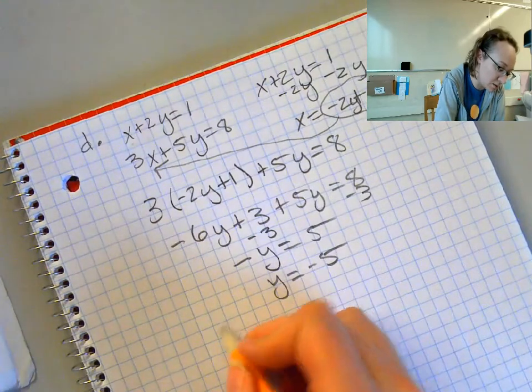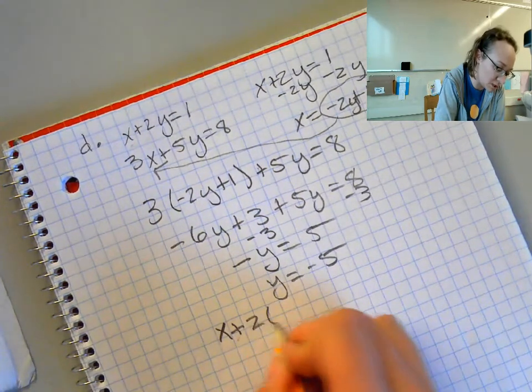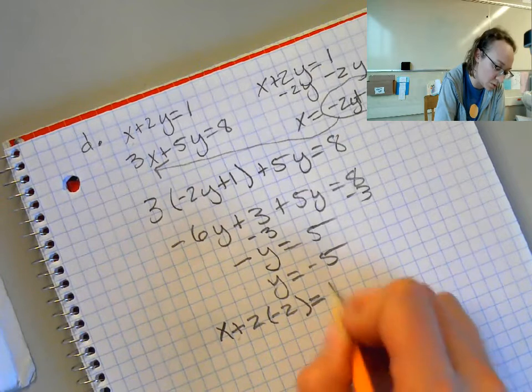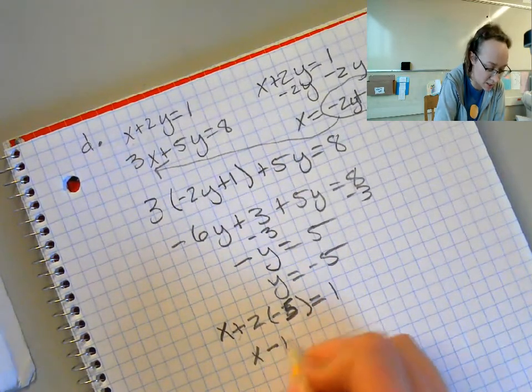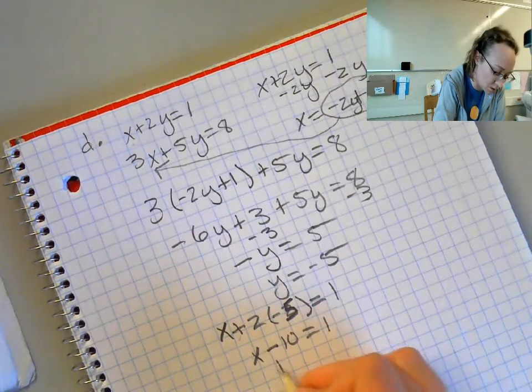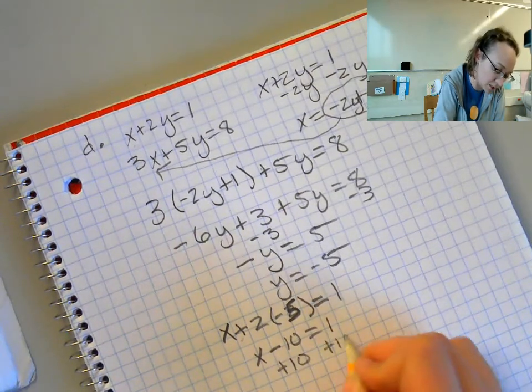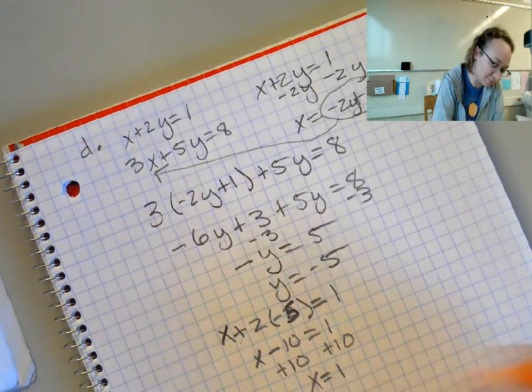And then I plug that in. So x plus 2 times negative 5 equals 1. It's supposed to be a 5. x minus 10 equals 1. Add 10 to both sides. x equals 11.